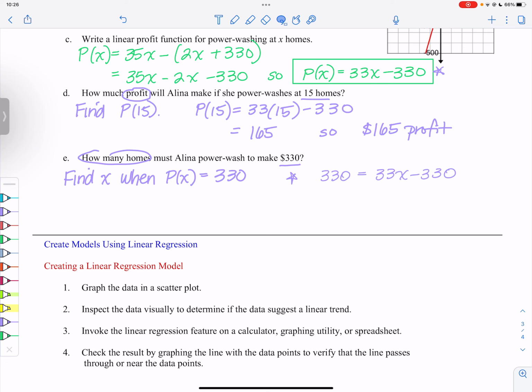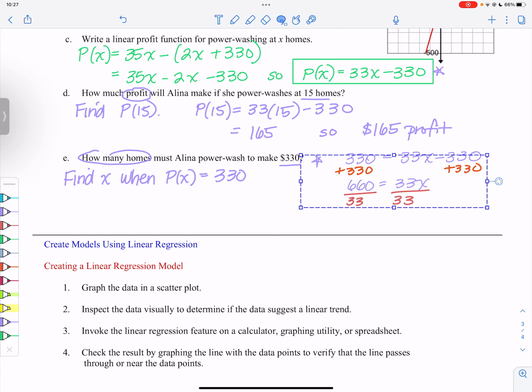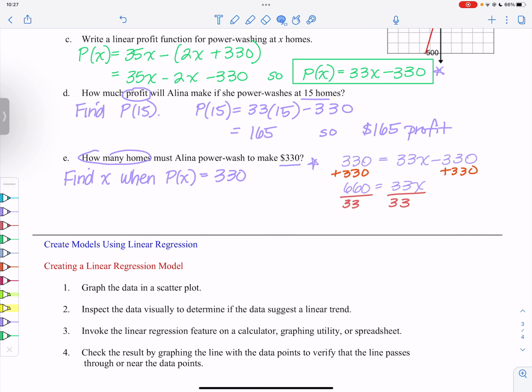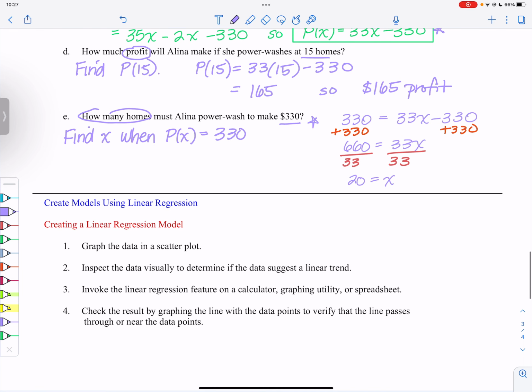We're going to add 330 to both sides, and we end up with 660 equals 33x, and dividing both sides by 33, we will then have 20 equals x. So 20 homes.